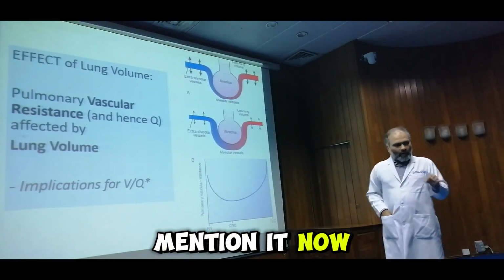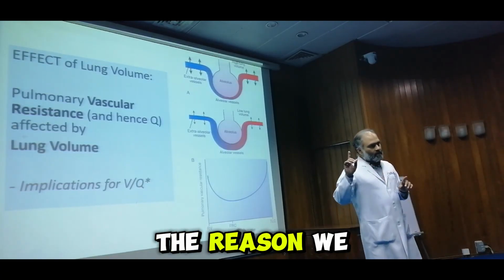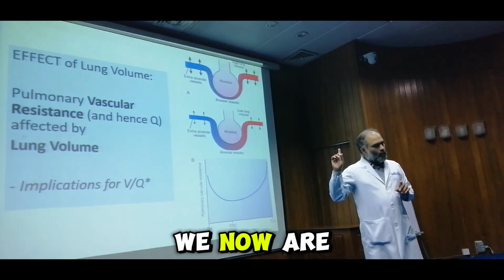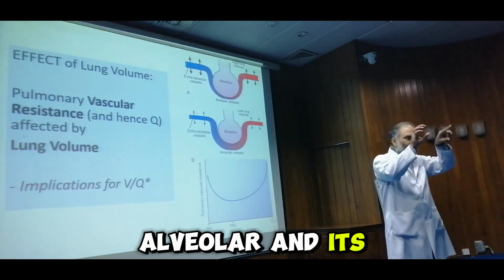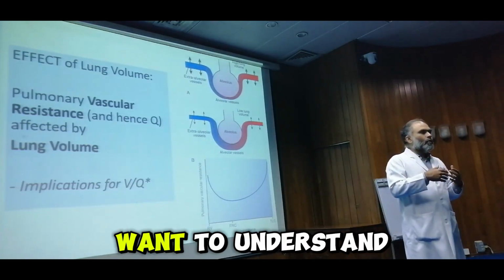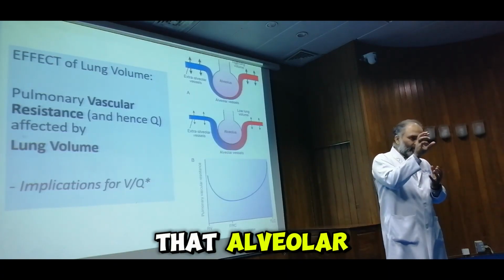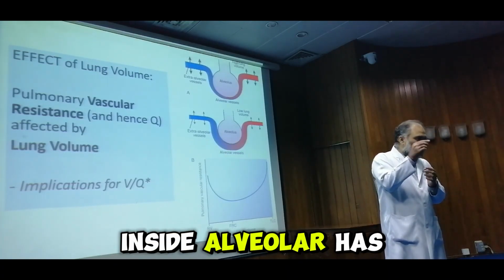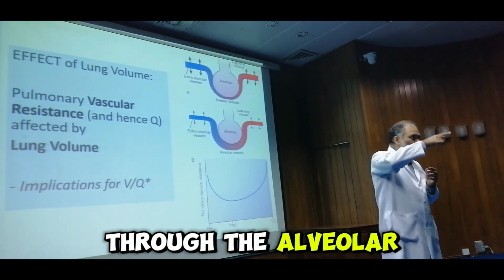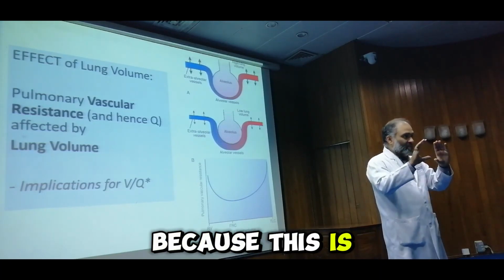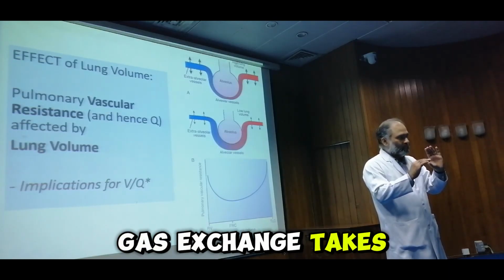Why do we mention it? Now we are introducing the V/Q. Now it starts, the main presentation. The reason we are focusing on the alveolus and its vessel is because we want to understand the relationship between the alveolus, the air inside it, and the blood passing through the alveolar vessels, because this is literally where oxygenation and gas exchange take place.